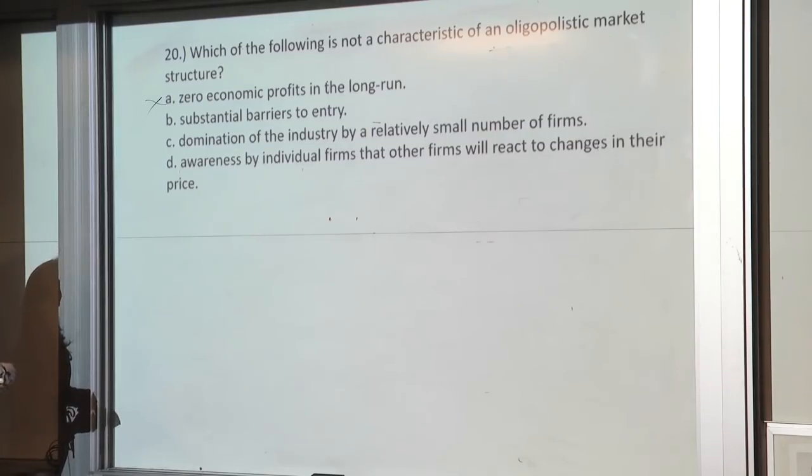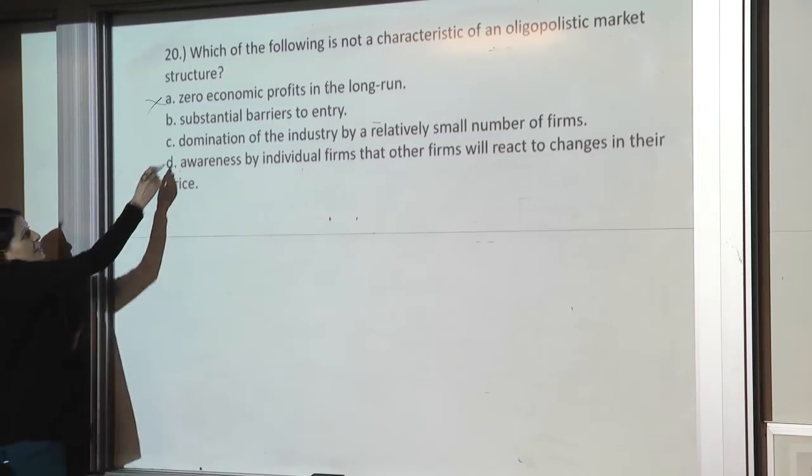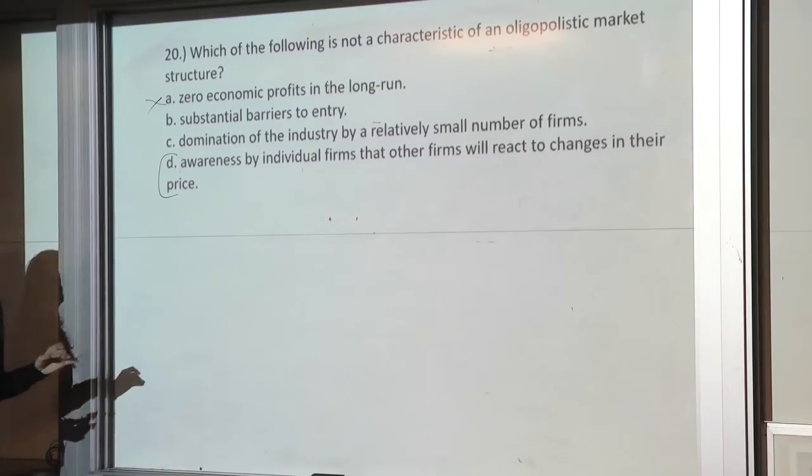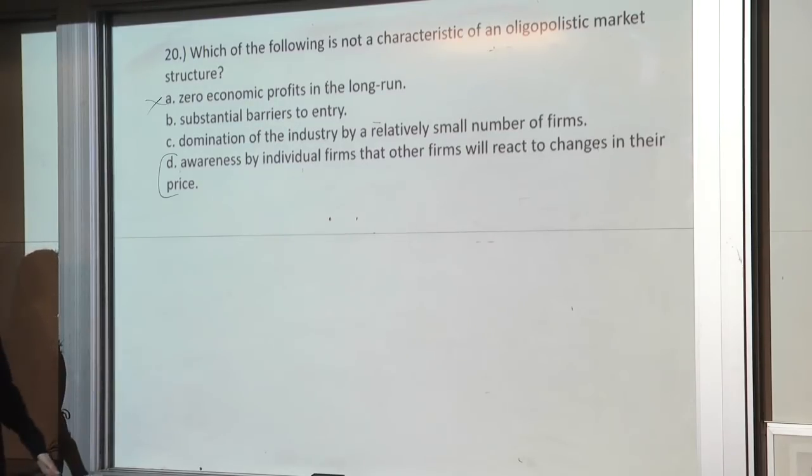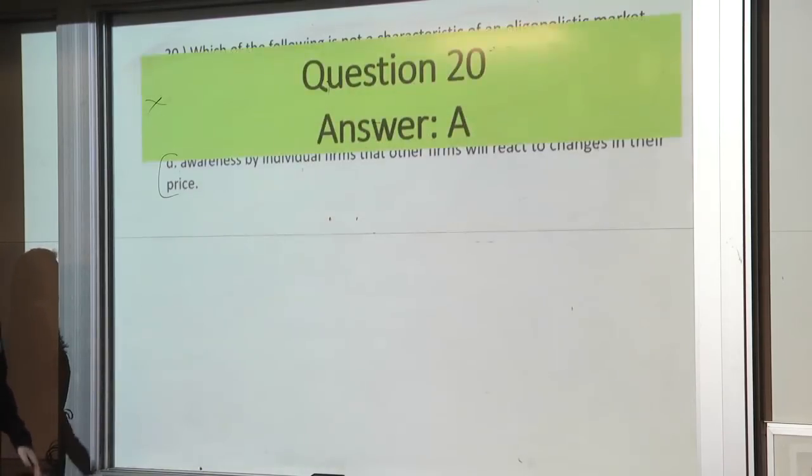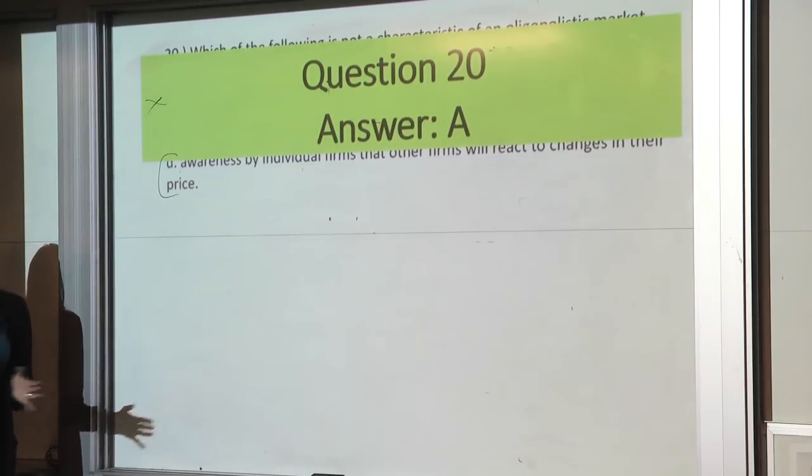And D, awareness by individual firms that other firms will react to changes in their price. This is basically what we do when we do the reaction functions in the examples of oligopoly. So the answer is A here. Because remember, zero profits is always associated with perfect competition, okay?